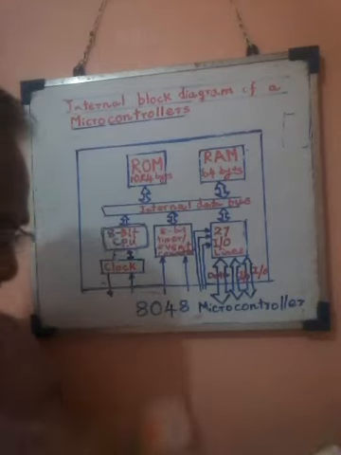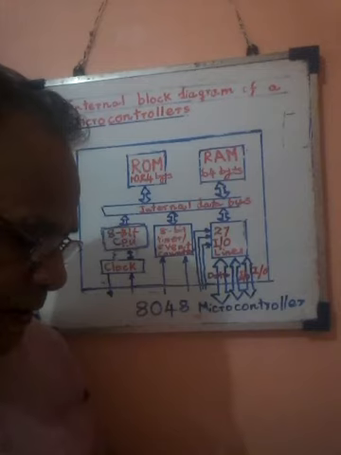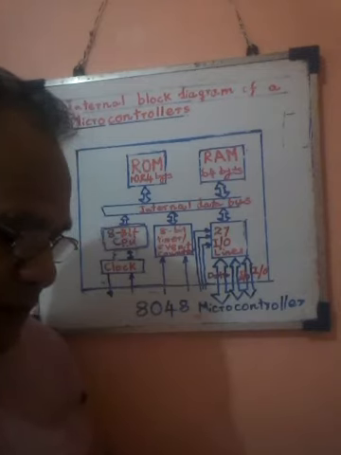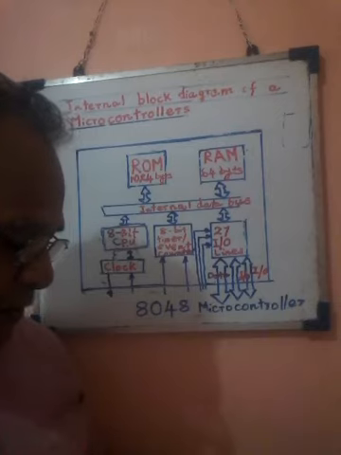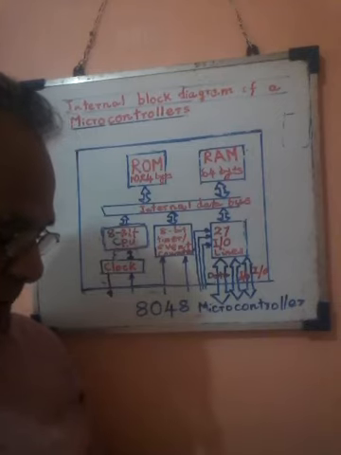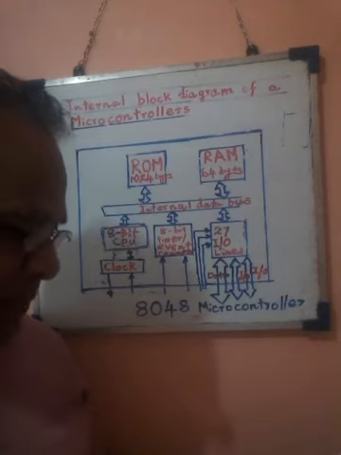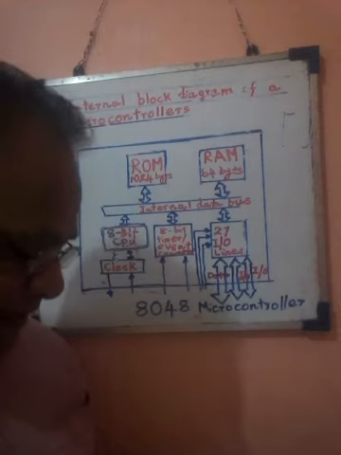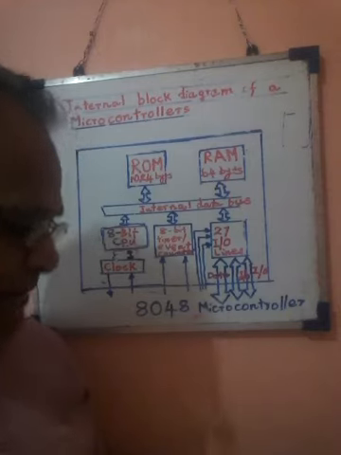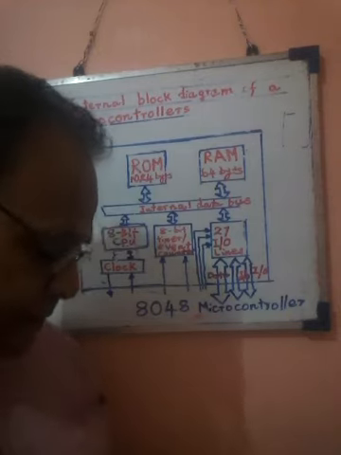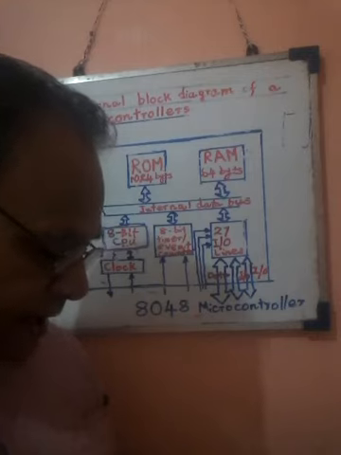The microprocessor can range from 4 to 32 bit. That is the difference. These are the major differences between the microprocessor IC and the microcontroller IC. Next, we're going to learn the applications of the microcontroller.